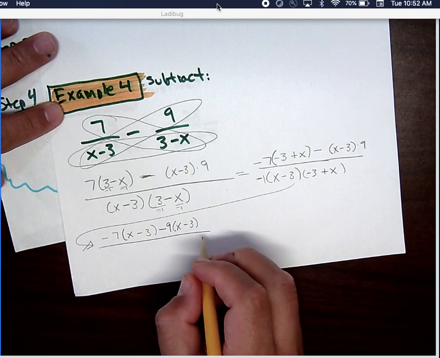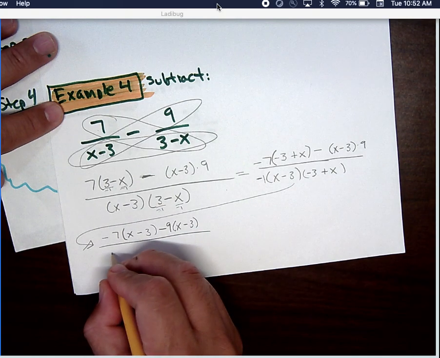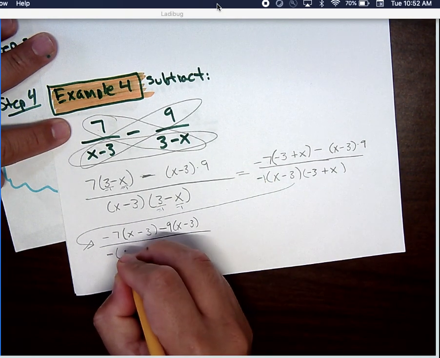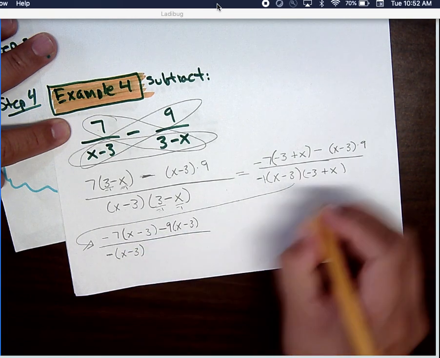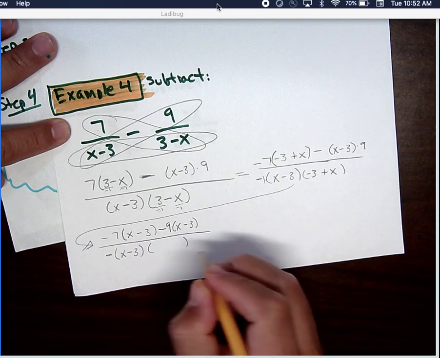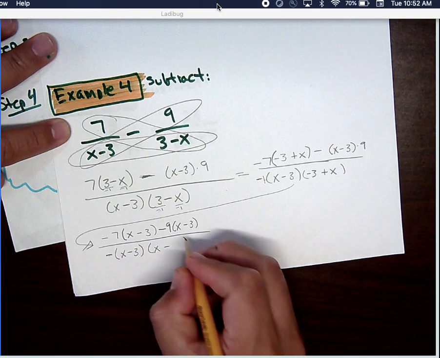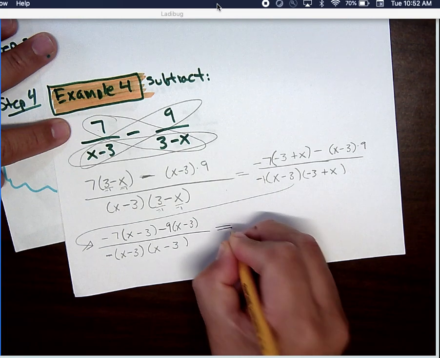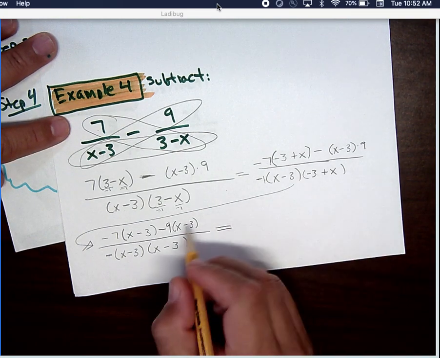And then I'm going to clean the bottom part, so I'm going to just put a negative. I'm going to get rid of that 1, we don't need it, and then x minus 3. And then I'm going to switch again, so x minus 3. So now it's clean.